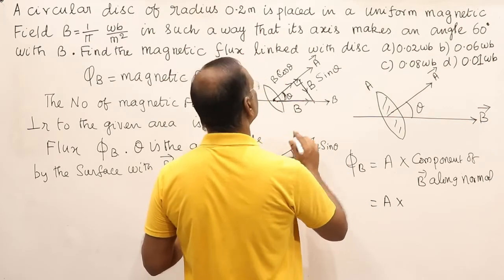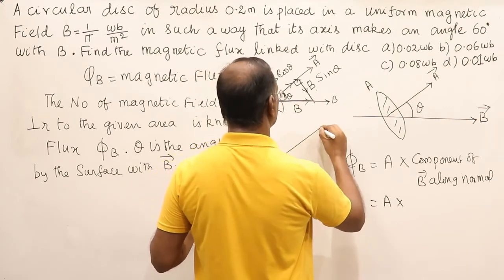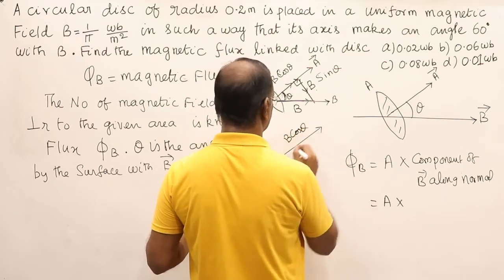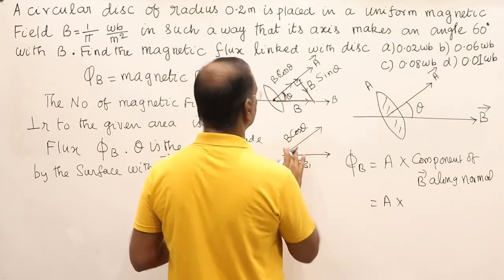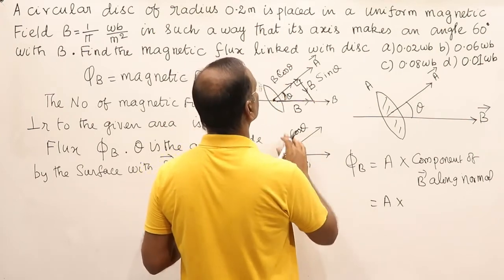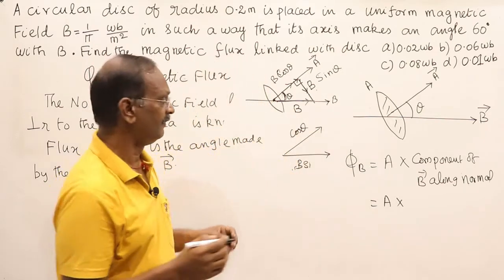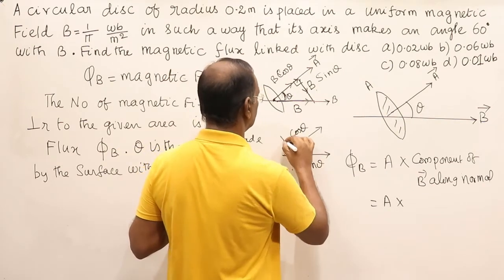This portion is B cos theta in this direction, and this is B sin theta. If this is A, this is B sin theta, and this is theta, this is B.